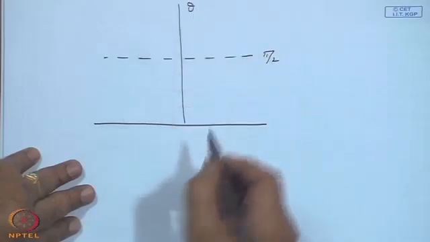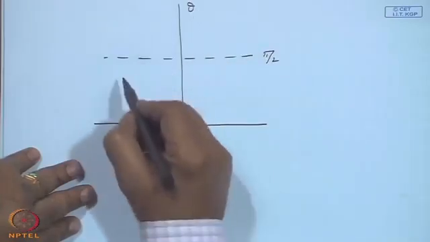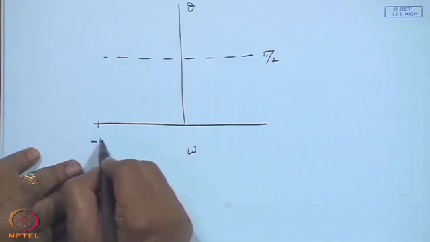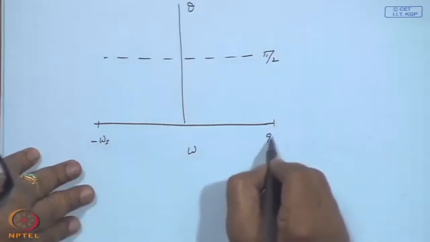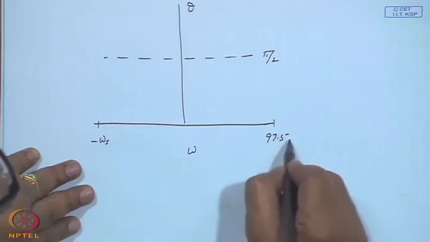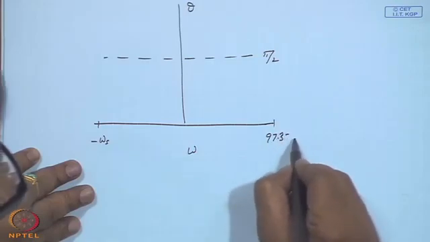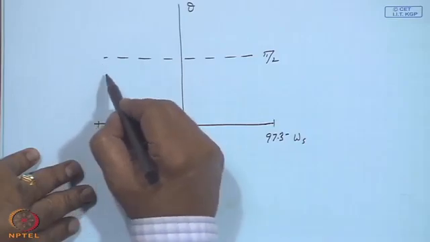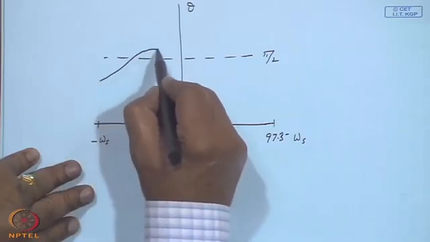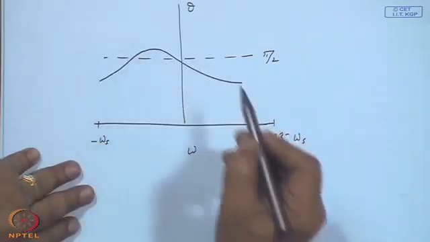So, you have the theta versus omega curve. This is pi by 2, this is theta axis omega, this may be your minus omega s, which is 97.93, and this is plus omega s. So, now you have got something like this.